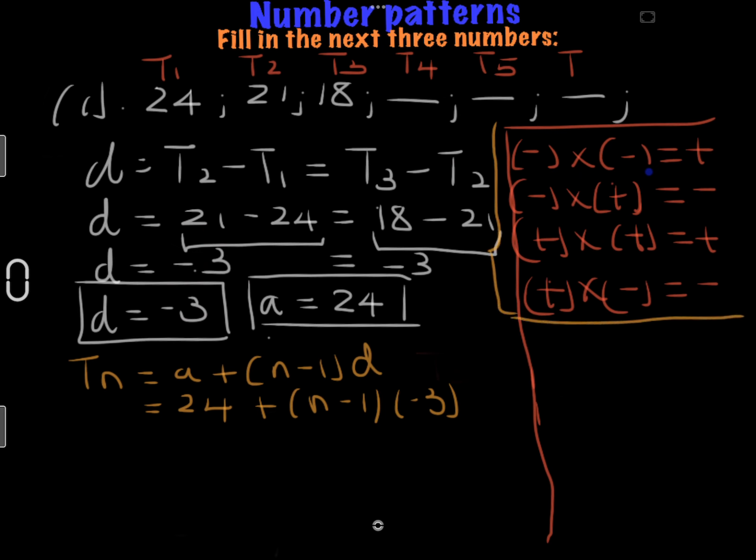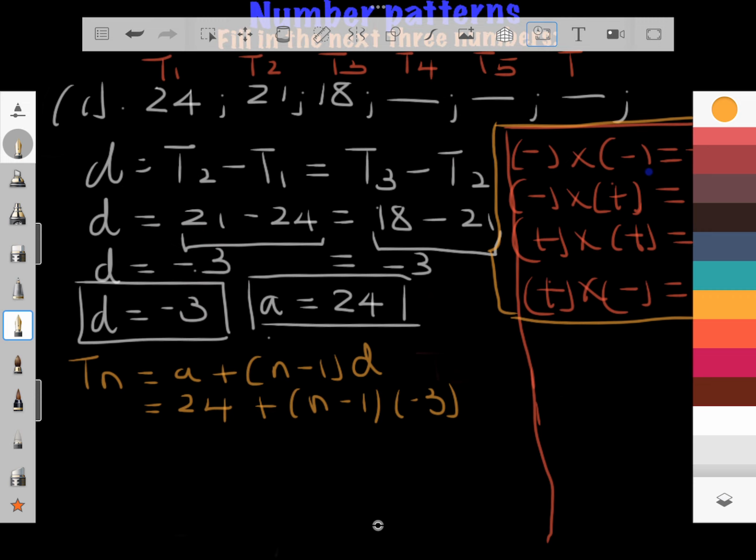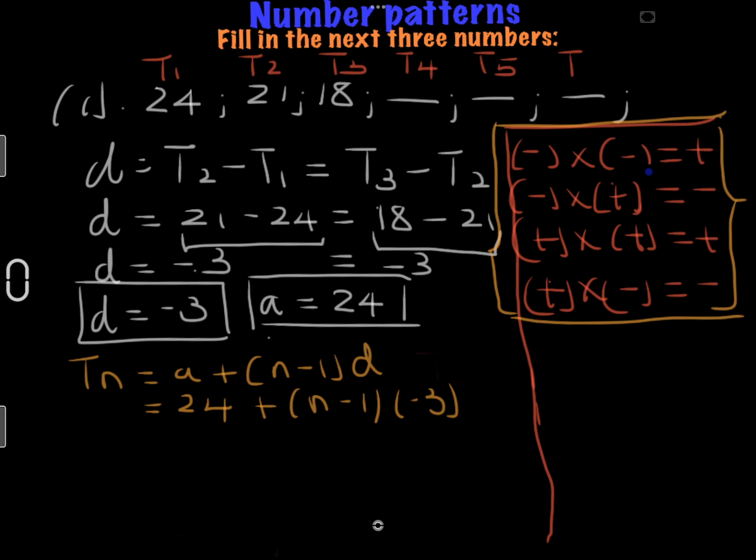This is essential for our understanding of multiplying operations in algebra. So let's move on to see how these apply in this calculation. So 24, this is a constant, I'll just keep it there.